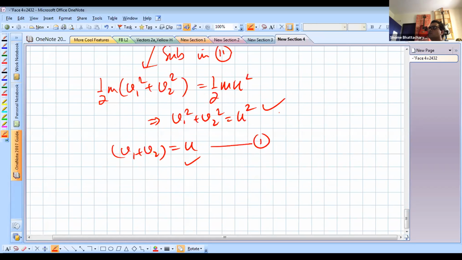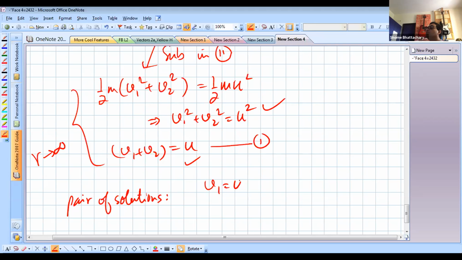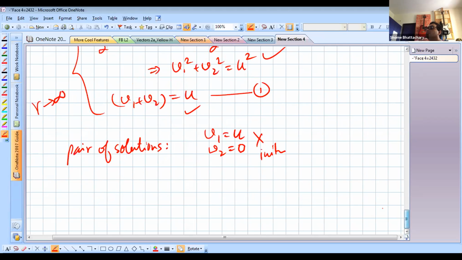Remember that in this form we are solving for the situation when r tends to infinity again. The pair of solutions you will get will be either v1 equal to u and v2 equal to 0, but this is the initial case, or the exchange: v1 becomes 0 and v2 becomes equal to u.